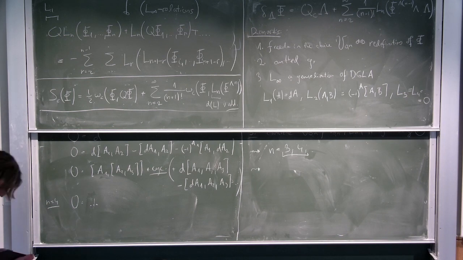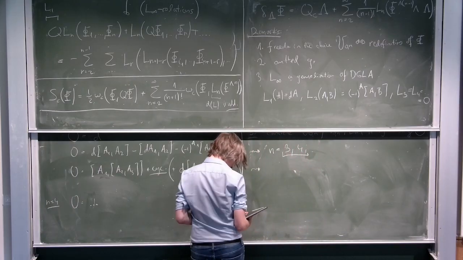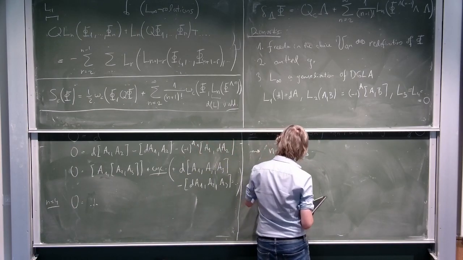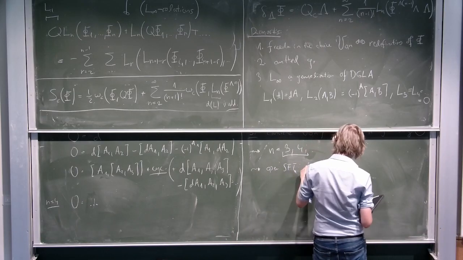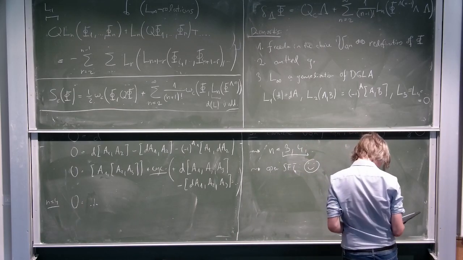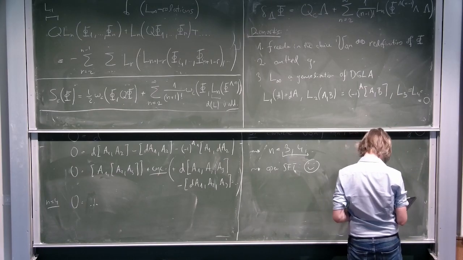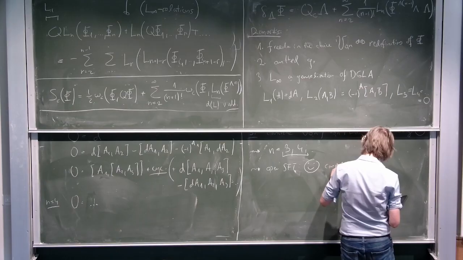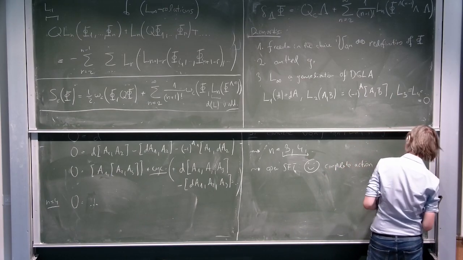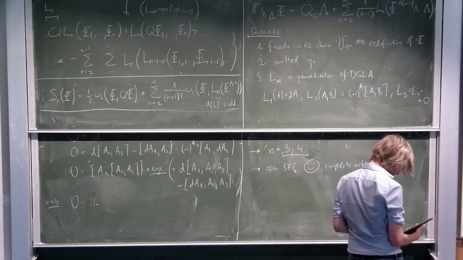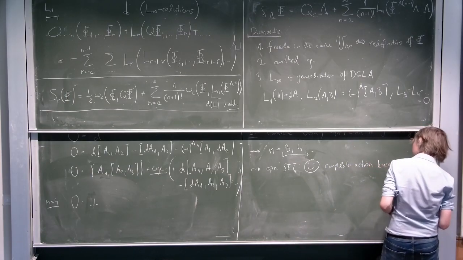Okay. So in open SFT, we can actually draw a smiley face, because we have a complete action. In open SFT we happen to be very, very lucky, and there is a choice of the cubic vertex which already covers the complete moduli space.